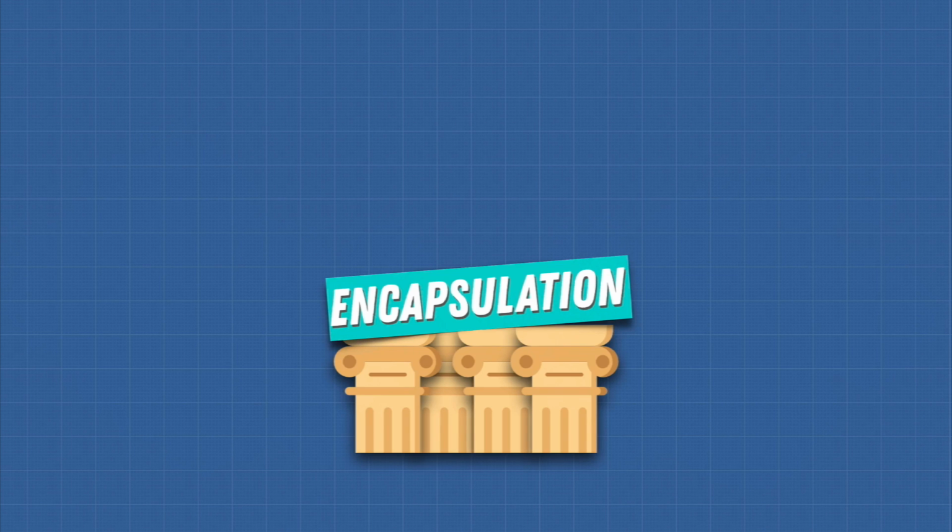We wrap code into boxes that are related to one another so that these boxes can just interact with each other using the methods and properties that we make available. This makes code easier to maintain and more reusable, right? We have all these nice little class packages that we can just use whenever we want.